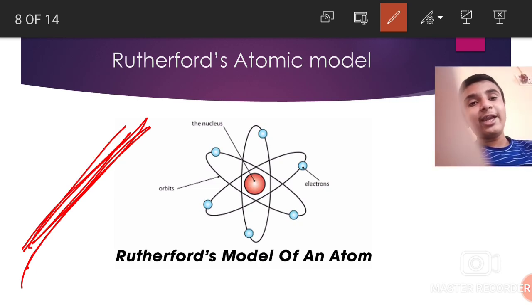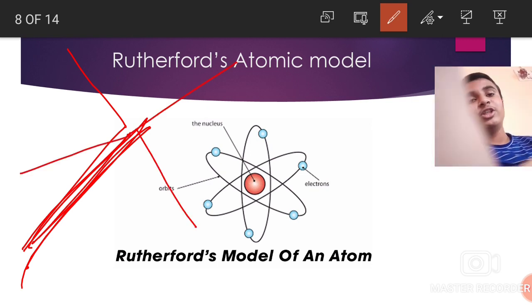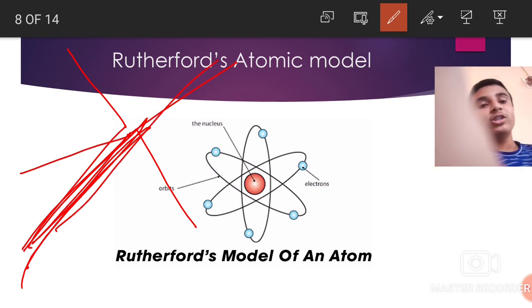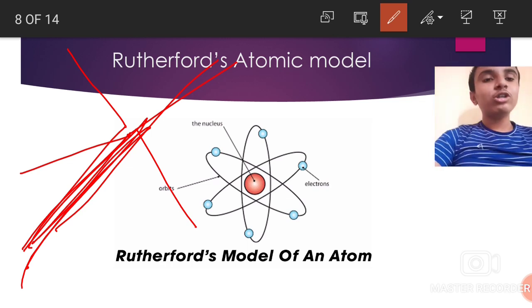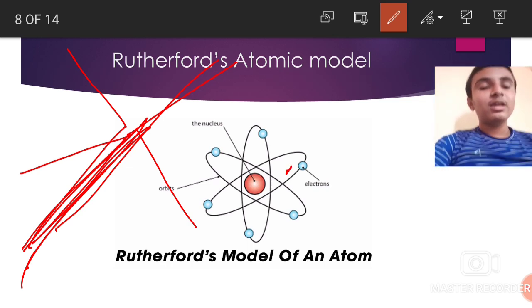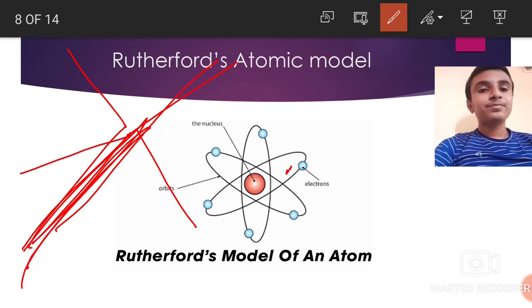When they collided with electrons, they changed their directions. And some of the rays went straight forward. Why? Because he stated that there is an empty space between the electrons and the nucleus, as you can see here.